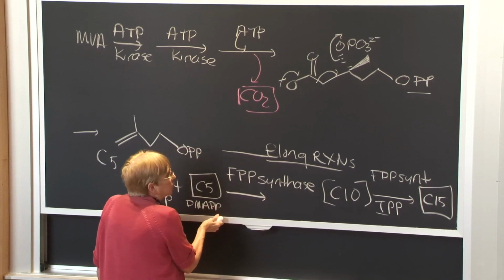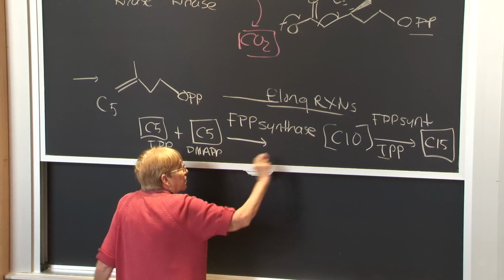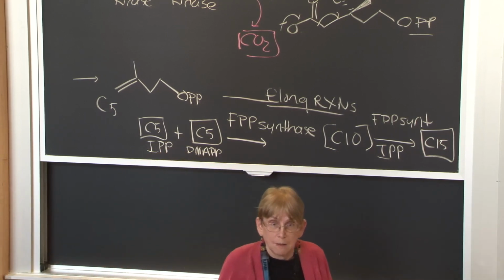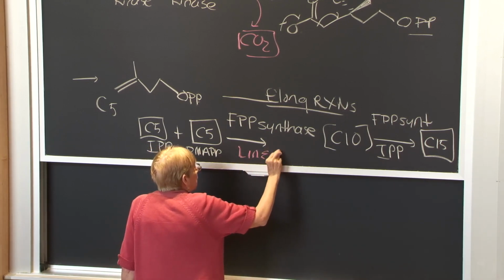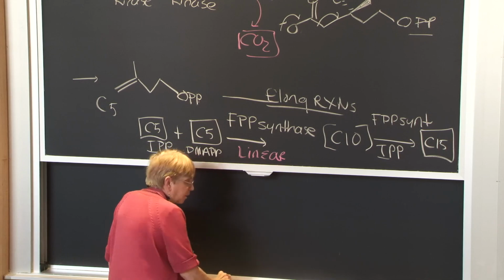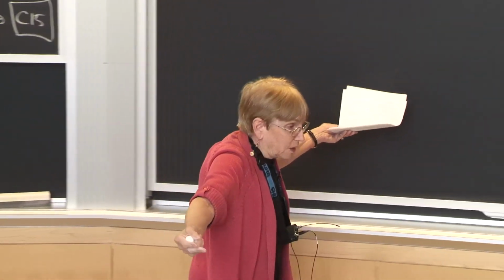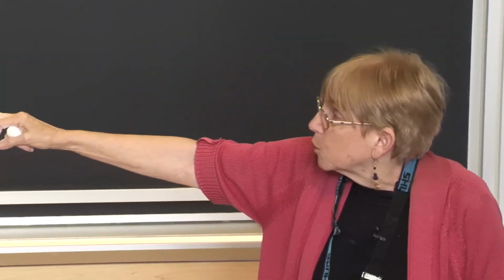Okay, so this is a major elongation reaction, and what I want you to see is that this C15, 3 C5 units stuck together, is linear. Okay, and if you go back and you look at your notes from last time, we talked about isoprenoids and terpenoids, and you can make linear molecules that can go from a couple of units like geranyl pyrophosphate, that's C10, that's called a monoterpene.